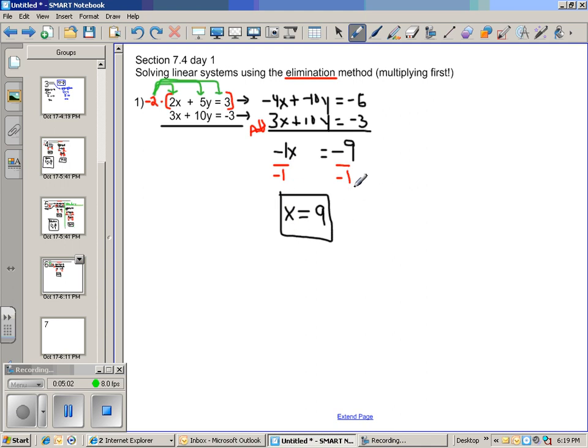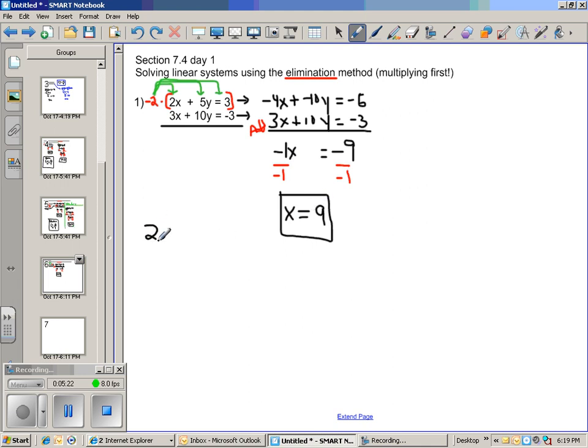So now you can take any one of these equations. It does not matter which one. I like to go back to the very original problems that they wrote for me and pick one of those. I'm going to pick the top equation, 2x plus 5y equals 3. And we're going to substitute 9 into that equation.